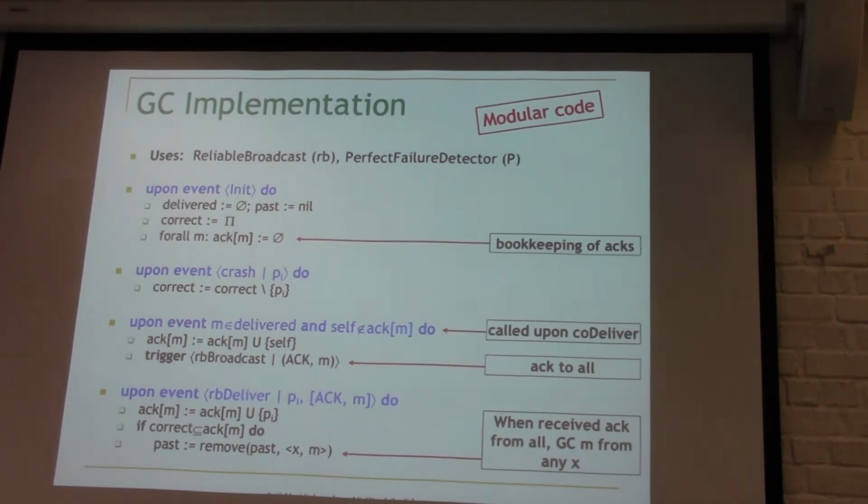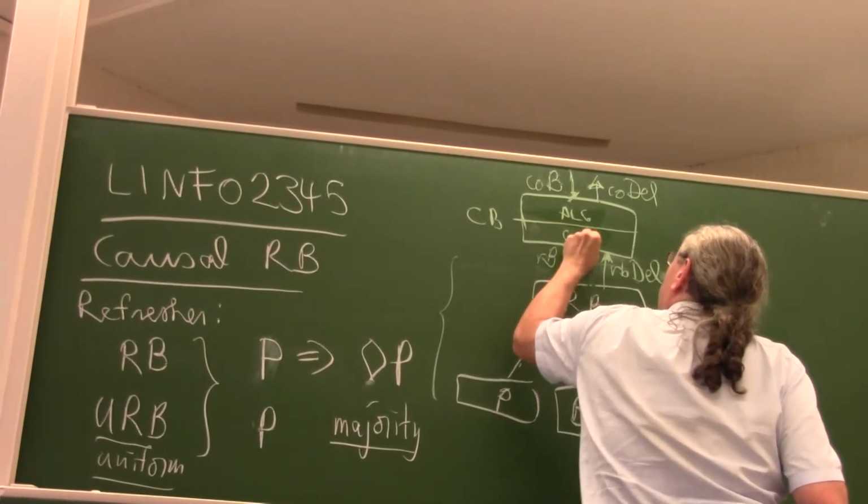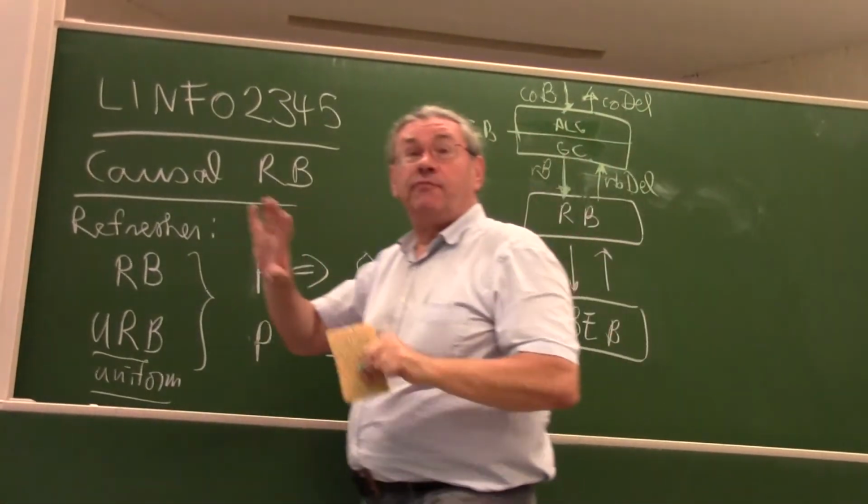And just a small thing I want to mention on this. This is actually modular in interesting ways, so I have to explain this to you. For the CB, I have the algorithm, but I also have the GC. This code, I don't have to really change.